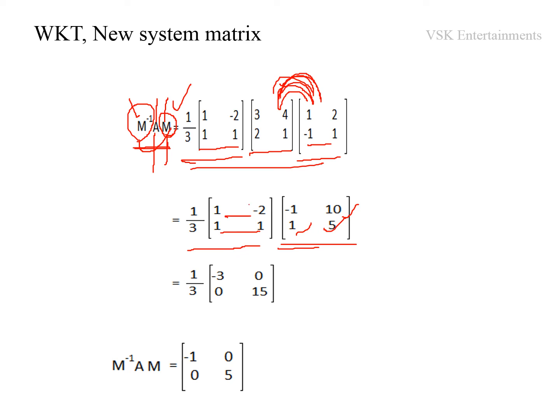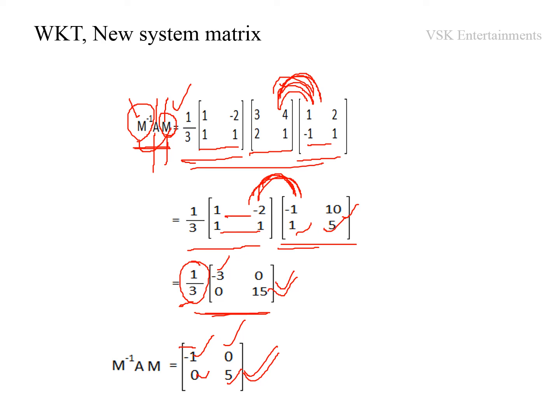Again by using matrix multiplication, simplify these two matrices, and we are getting this matrix, that is the matrix minus 3 0 0 15. Now multiply each and every element of this matrix with 1 by 3. By multiplying we are going to get this matrix, that is the matrix minus 1 0 0 5.